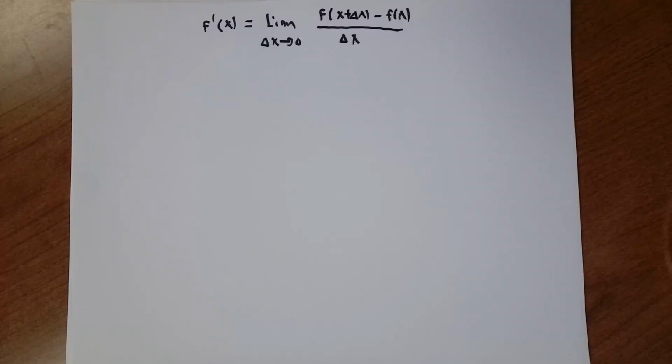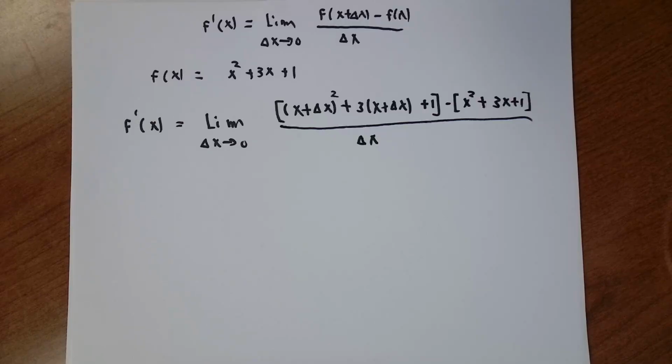Almost immediately, you drop all pretense and start using the letter x instead of the letter c, and take this formula to be the definition of f prime of x. At this stage in Calc 1, they made you work some problems of this nature the hard way. For example, suppose that f of x is x squared plus 3x plus 1.